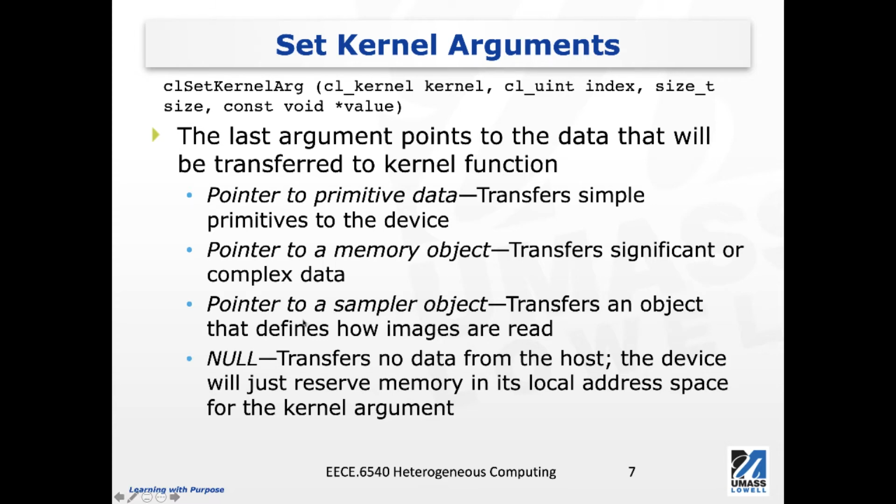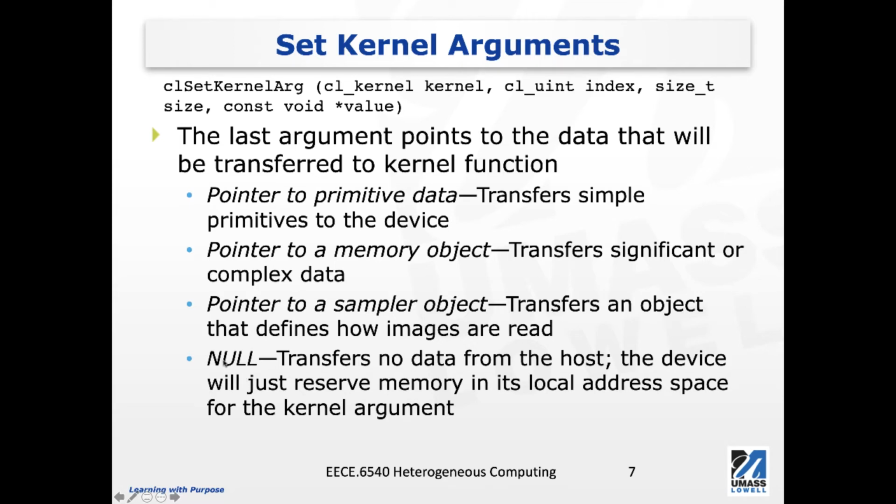The other case is similar. We can use the pointer to a sampler object, and this sampler object is closely related to image objects. In this example, we define an object that in turn defines how the images are going to be read. In some cases, we do not have to pass in any particular value to the kernel function.